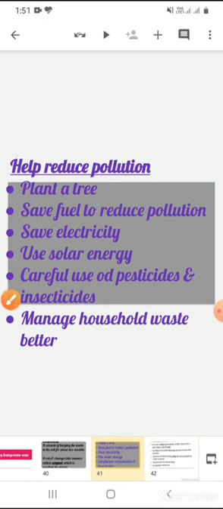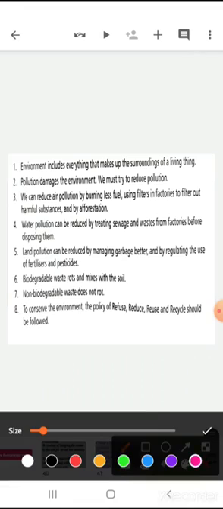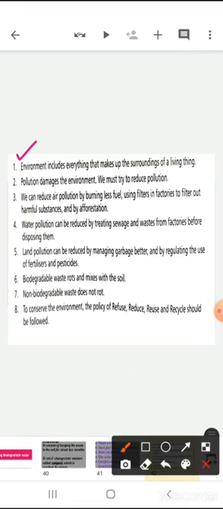Okay, children. Now let's see what we have studied in this whole chapter. First of all, environment includes everything that makes up the surroundings of living things. We have studied what is environment.